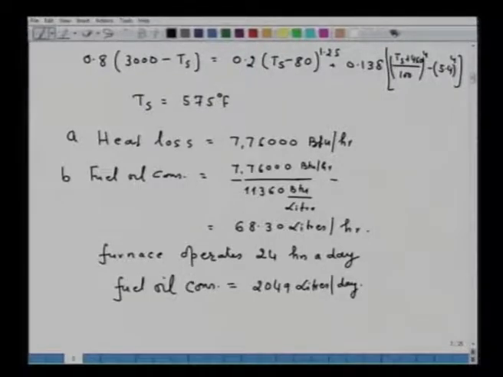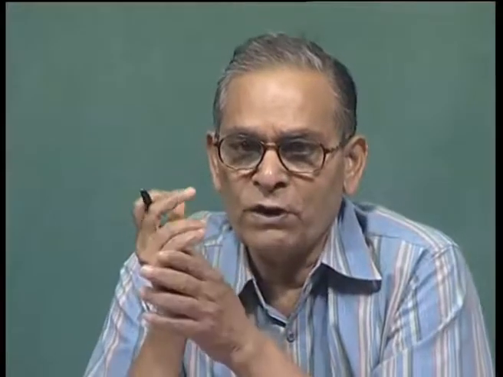So, you can imagine this particular furnace is losing heat. This loss of heat corresponds to loss of fuel, and you can see per day 2049 liters of oil is just consumed to maintain the heat losses which are occurring through the furnace.